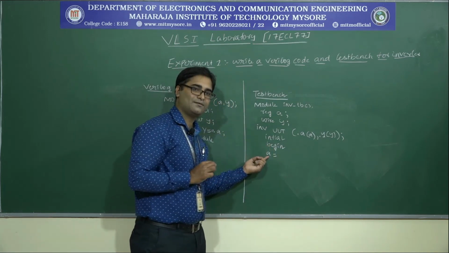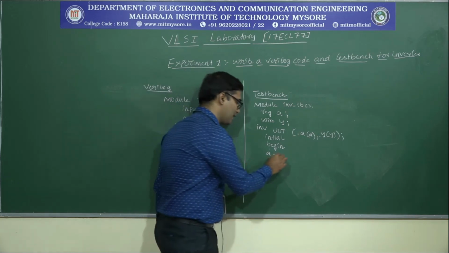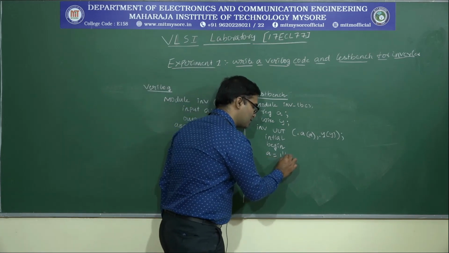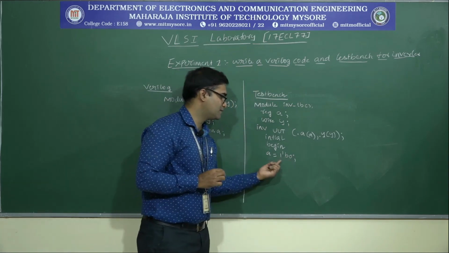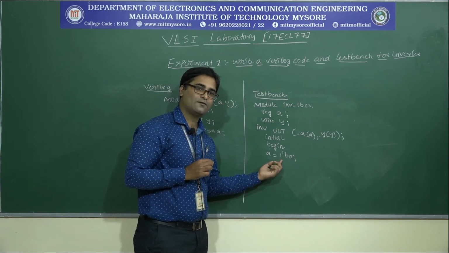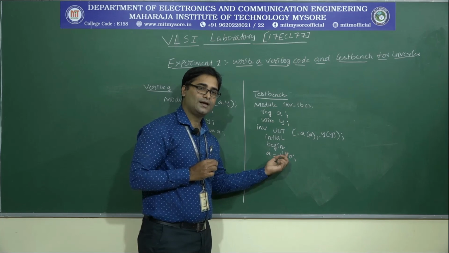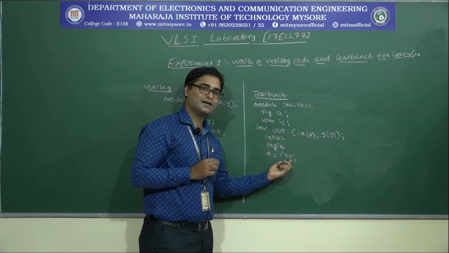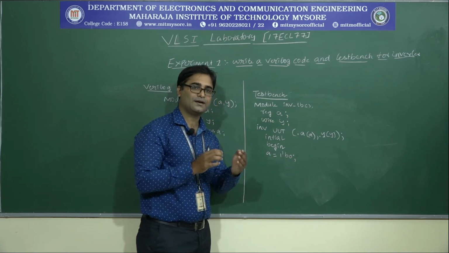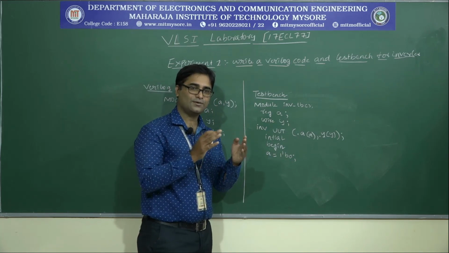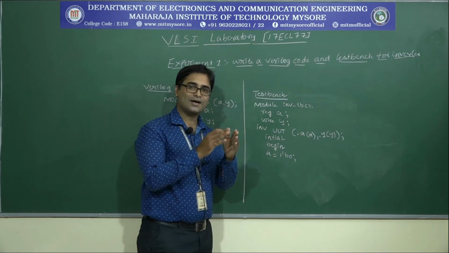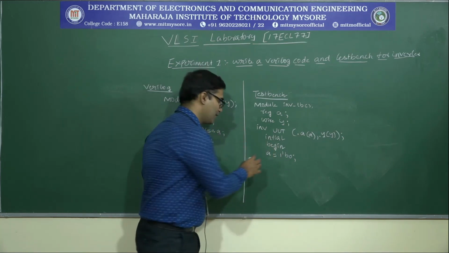We have a variable defined as an input, and we will define the input as 0, which is 1 bit of value, and the value assigned is 0. That means your simulation starts from 0 and the value assigned is 0.